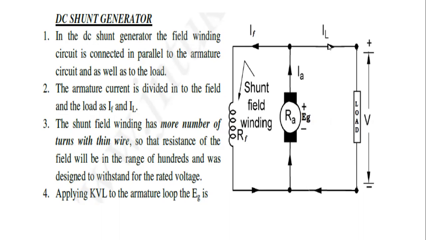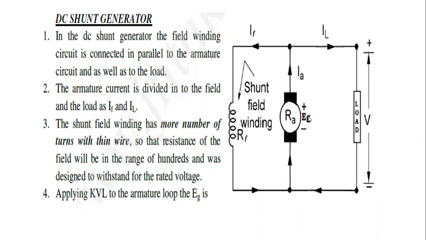IF is the field current and IL is the load current. It is named IL because the current flows through the load, and it is named IF because the current flows through the field winding.